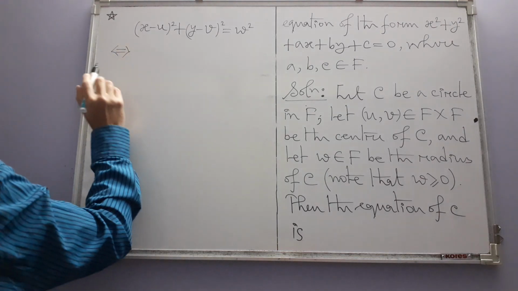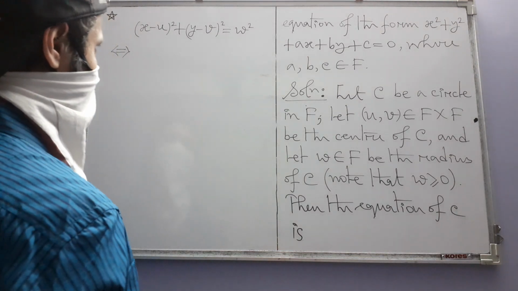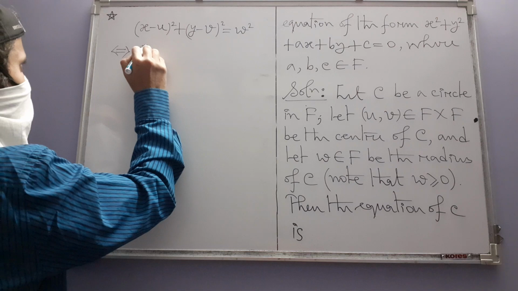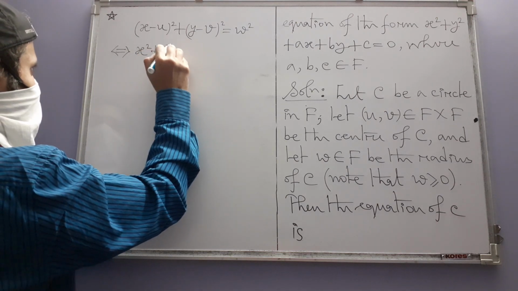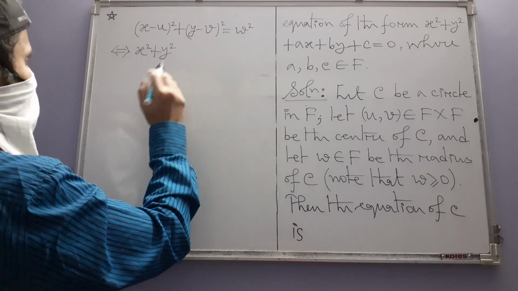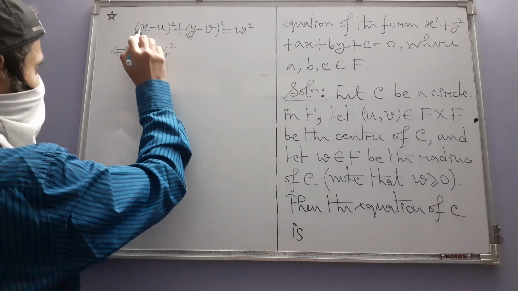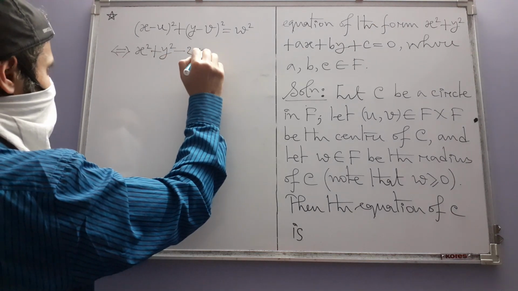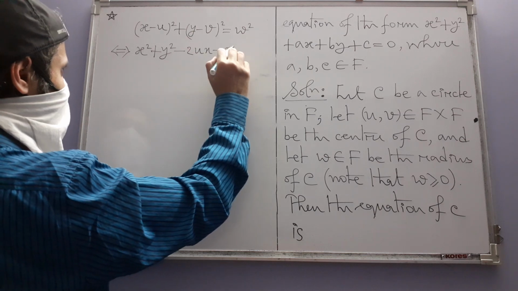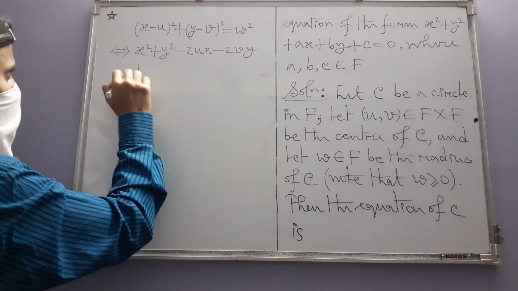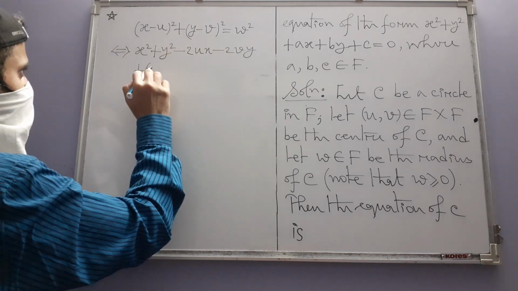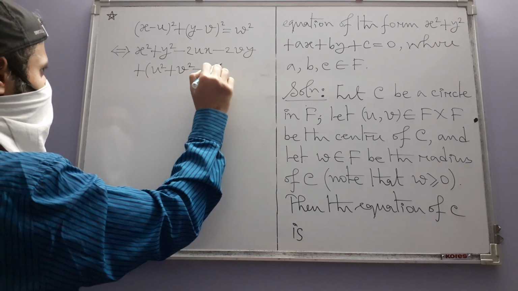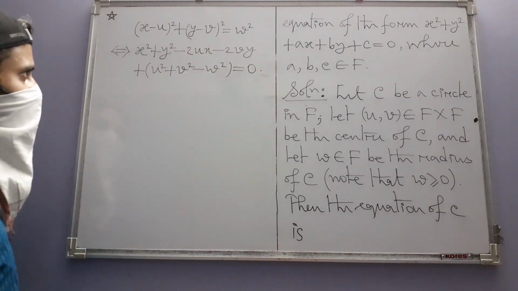Again we simplify this, expand all the things and bring it to that form. If we in fact directly write what we are ultimately going to get, it's not that difficult to see: x square plus y square minus 2ux minus 2vy plus u square plus v square minus w square equal to 0.